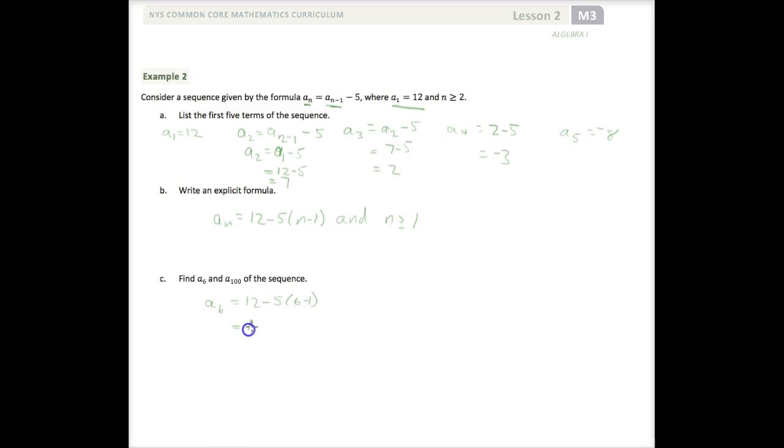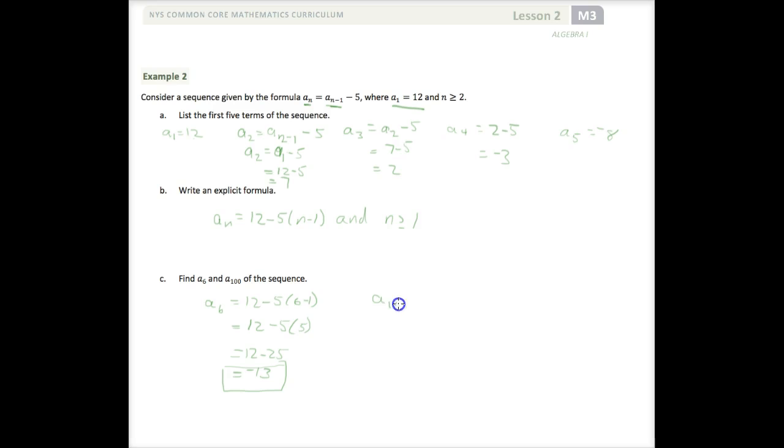So this is 12 minus 5 times 5. Our calculation should be saying 12 minus 25. And lo and behold, the negative 13 that we predicted just by subtracting 5. So this is really a nice, quick way, much quicker than the recursive formulas, to get somewhere.